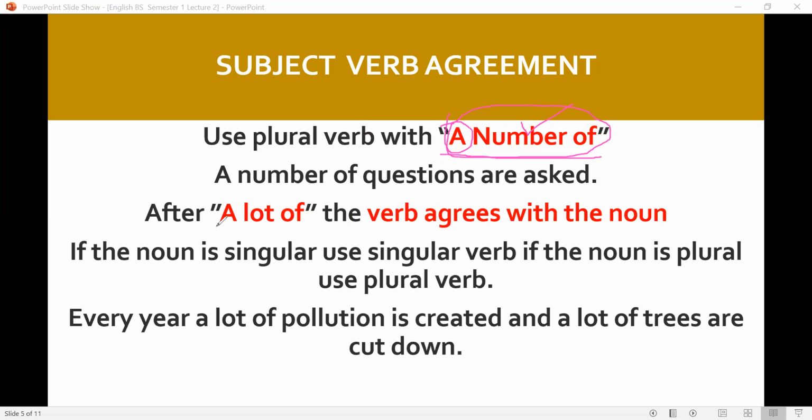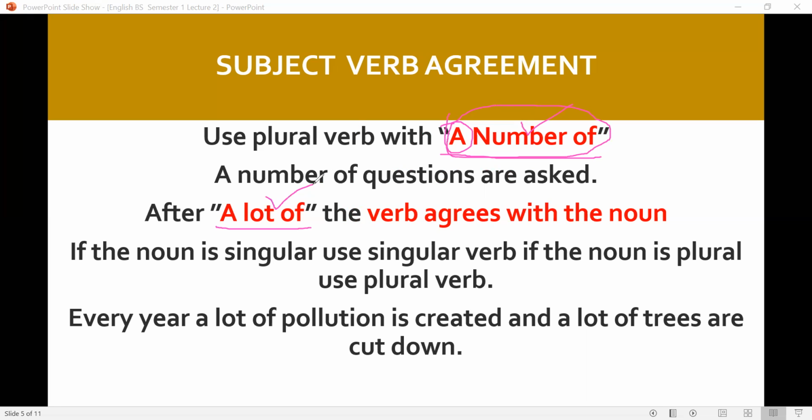And after a lot of, the verb agrees with the noun. If a singular noun comes after a lot of, you will use a singular verb. If a plural noun comes after a lot of, you will use a plural verb.